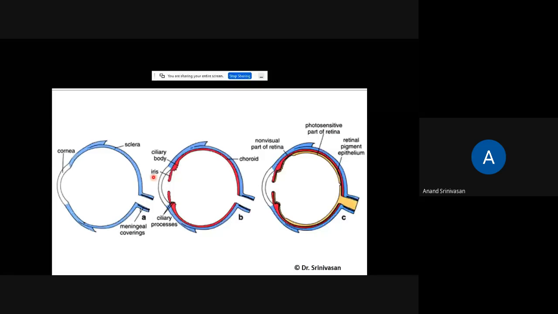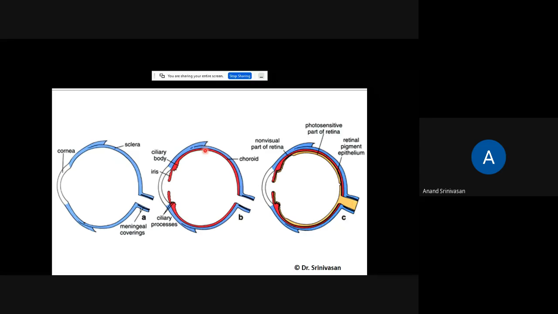So we say gray eyes, black eyes, brown eyes. That's because of the color of the iris. So the iris, ciliary body, and ciliary process are extensions of the choroid layer.